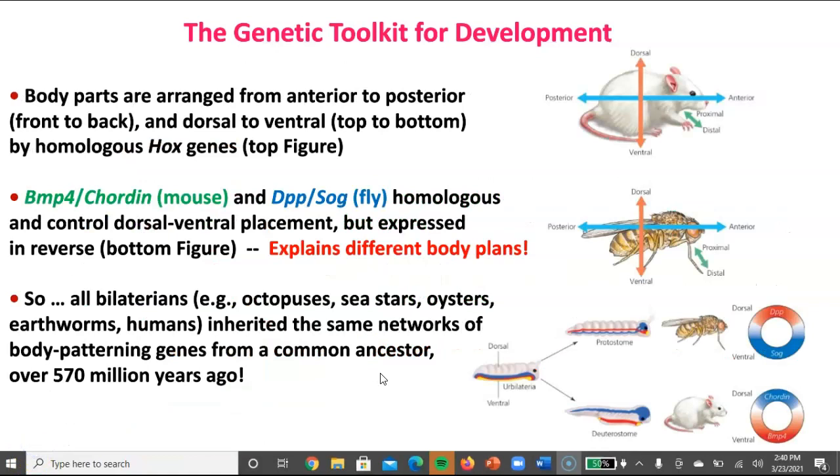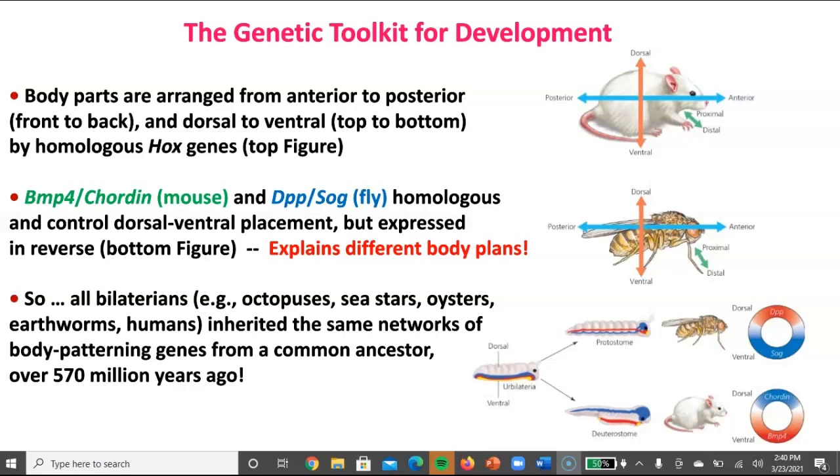So let's look a little deeper at our genetic toolkit that we use for development, whether you're a vertebrate, a mouse, or an insect, a fruit fly. Our body parts are arranged from our front end, anterior, to our rear end, posterior, so from front to back.